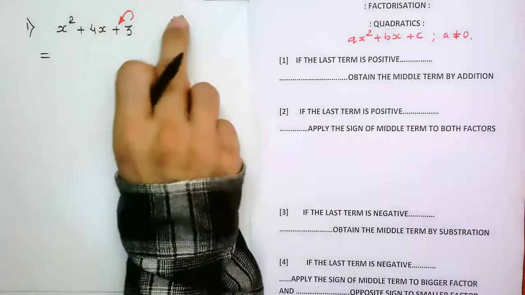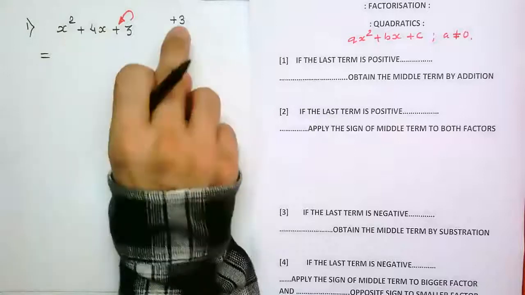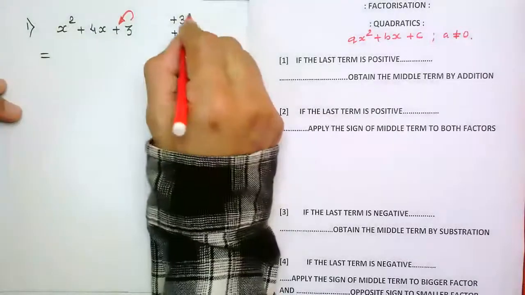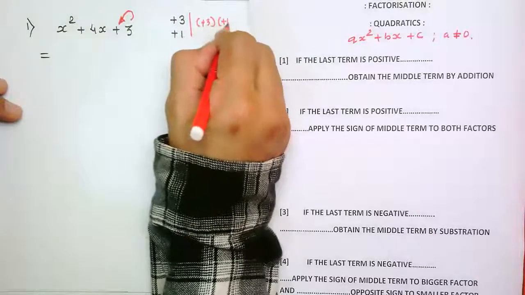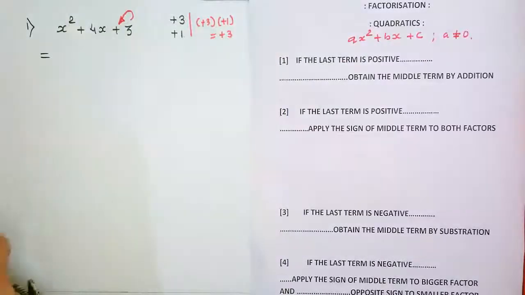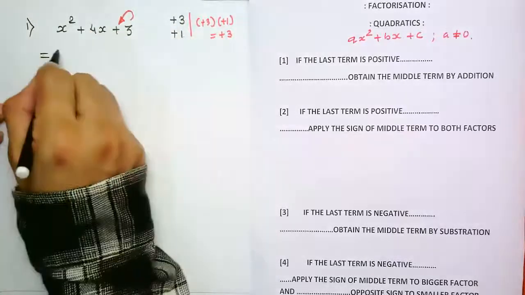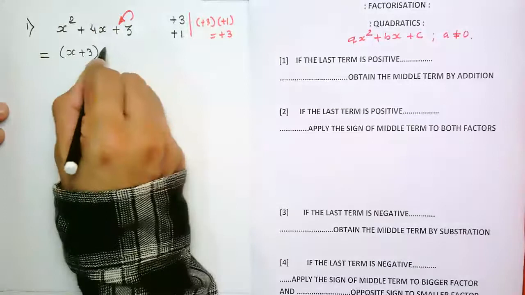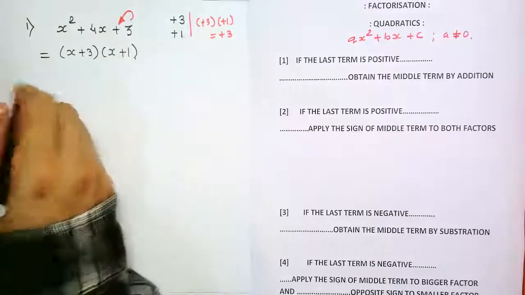So we are getting plus 3 plus 1, that is plus 4, and the multiplication of these two, plus 3 times plus 1, will give you plus 3. So your factors are x plus 3, x plus 1. That's damn easy.